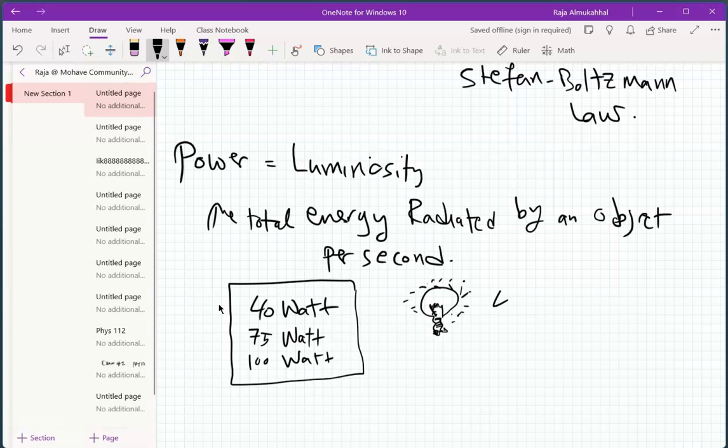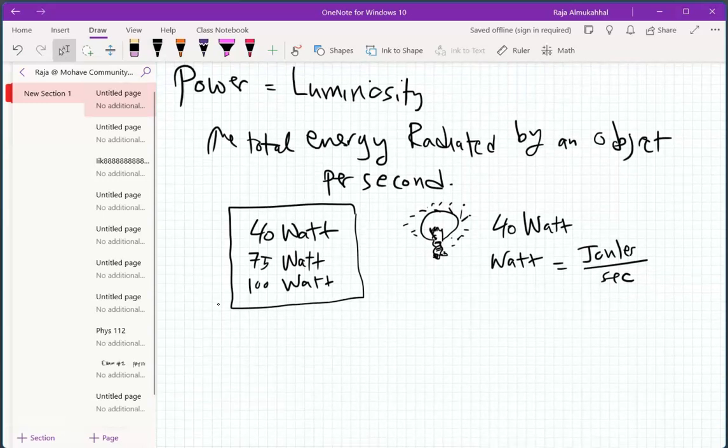So when we say 40 watts, a watt is basically joules per second. A joule is a unit of energy. I don't want to elaborate on it, but basically it's a unit of energy. What that means is that this 40-watt light bulb is giving off 40 joules of energy every second. That's the meaning of it.